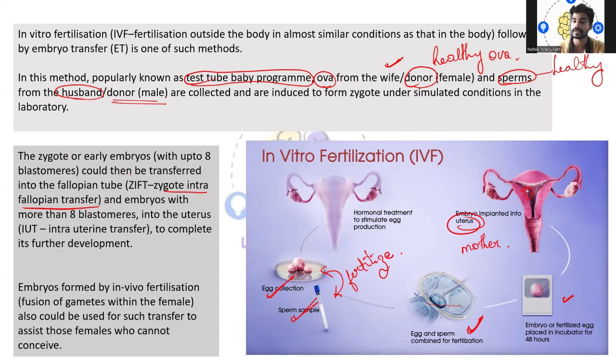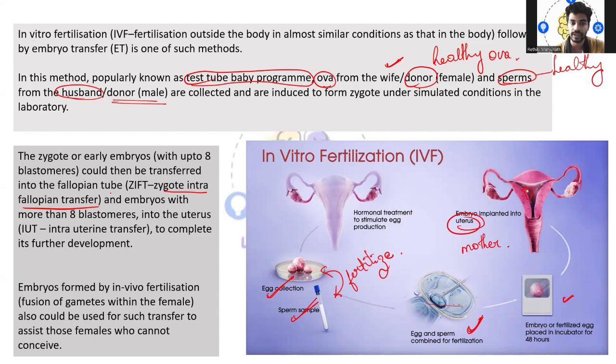And later on, during copulation, if a sperm is there, they fuse and fertilization happens. That is called zygote intrafallopian transfer, where you are transferring the zygote or the early embryos into the fallopian tube.